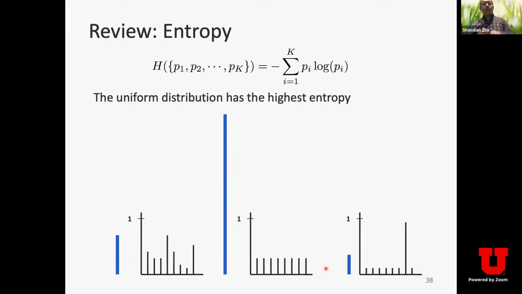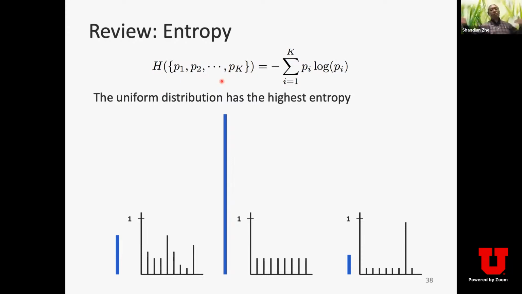So again, if you have some particular category, say P1 equals 1 and all the others 0, your entropy will achieve the minimum, which is 0. Does it make sense? Is everyone comfortable with this definition? Right.